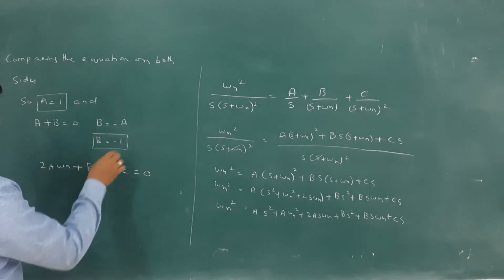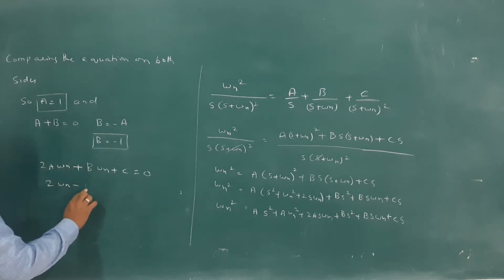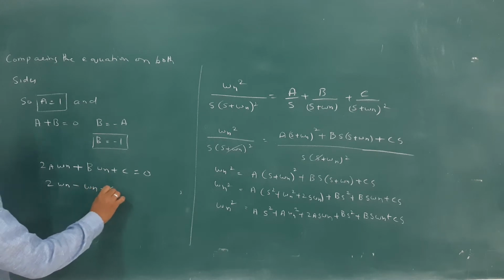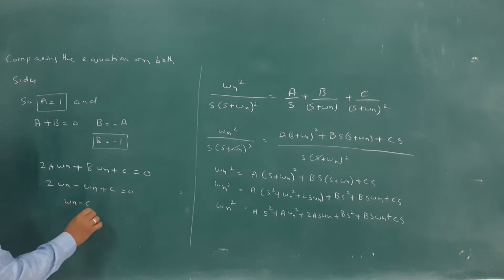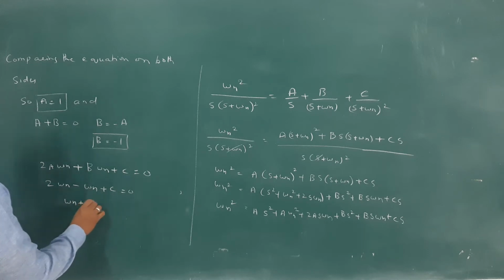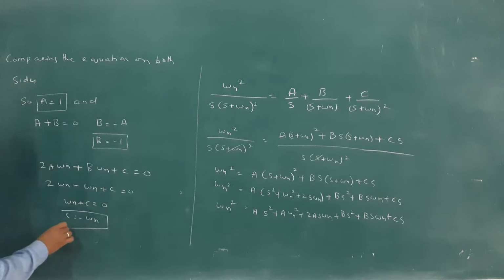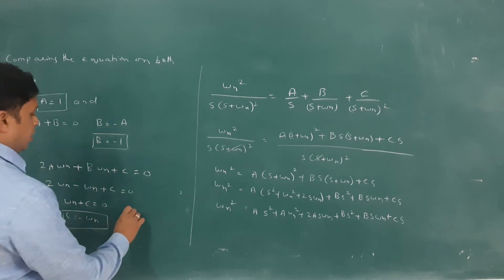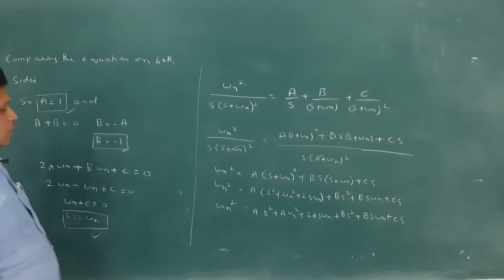As we know the A and B values, we can substitute here: 2 omega n minus omega n plus C is equal to 0. So omega n plus C is equal to 0, C is equal to minus omega n. So we have got the values of A, B and C: A is equal to 1, B is equal to minus 1 and C is equal to minus omega n.